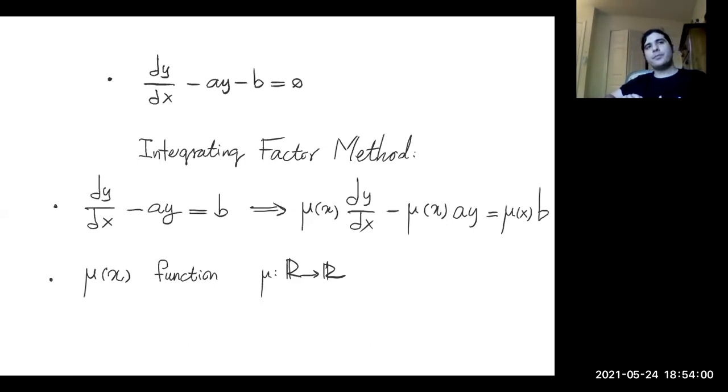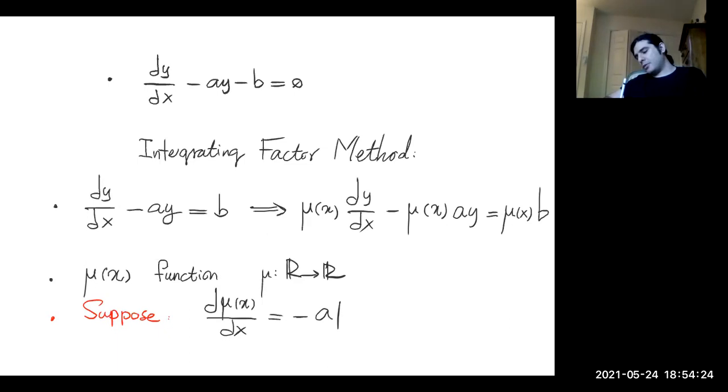Okay. Now suppose mu satisfies this property. What is that? The derivative of mu with respect to x is equal to minus a mu of x.